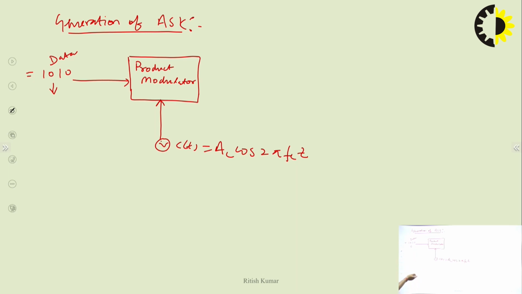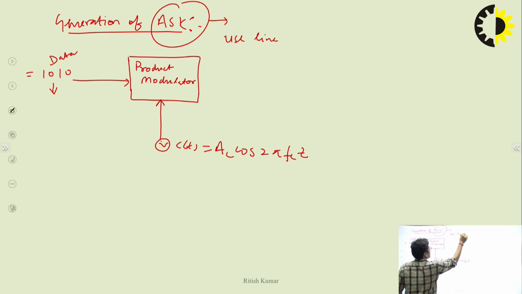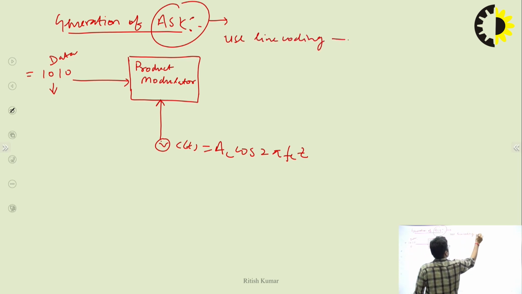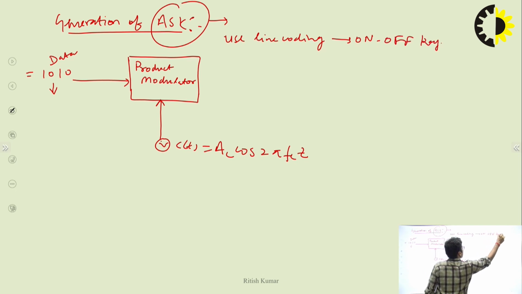How can it be represented with the help of line coding techniques? In the case of ASK, we consider a simple line coding technique, that is on-off keying. What is on-off keying?